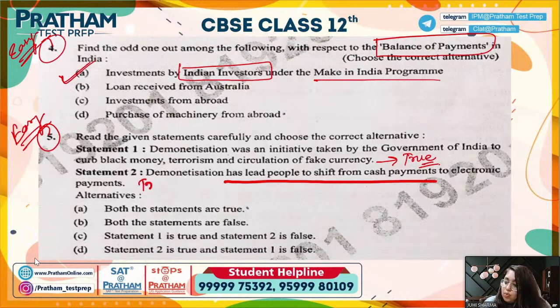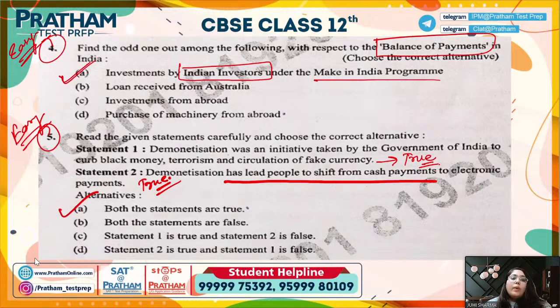That is also true. Why? Because we have jumped from conventional money to what? To digital currency, right? So yes, both the statements are true. We know that demonetization happened in the midnight of 8th of November 2016, right? So option A, that both of these statements are true, is the right answer.